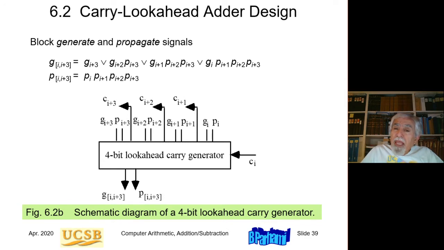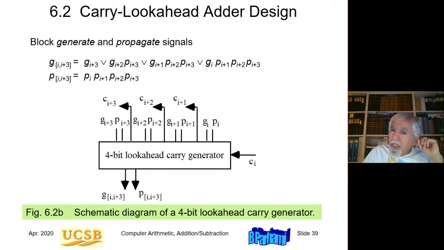Then the G signal, the generate signal for this block. This block generates a carry for the next higher block if position i plus 3 generates a carry. So if the last position of this block generates a carry, that carry will go to position i plus 4.